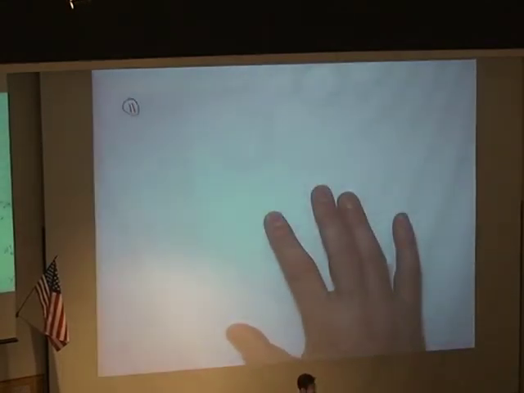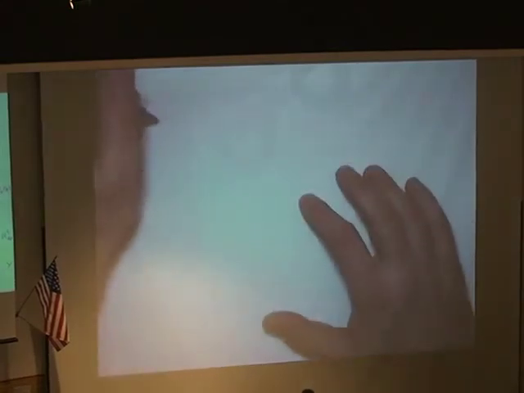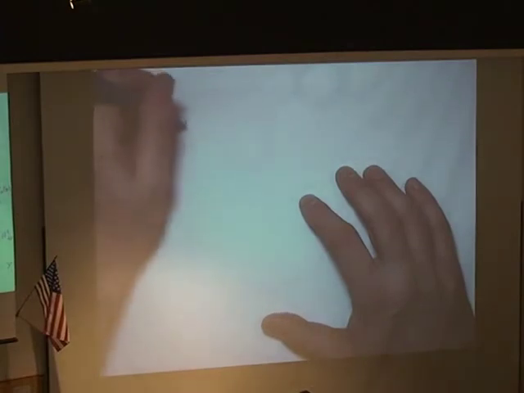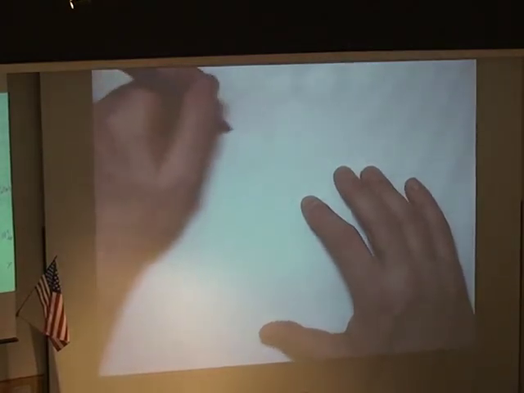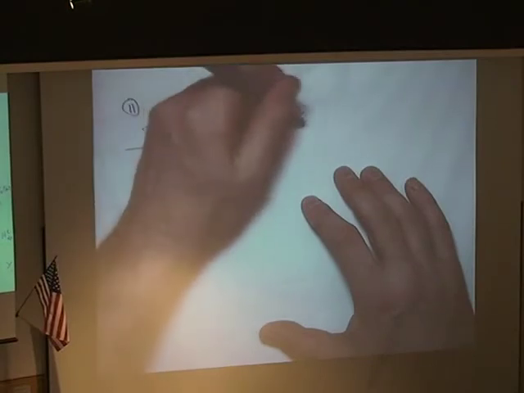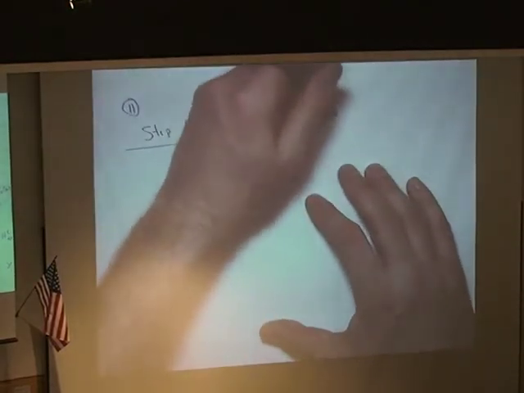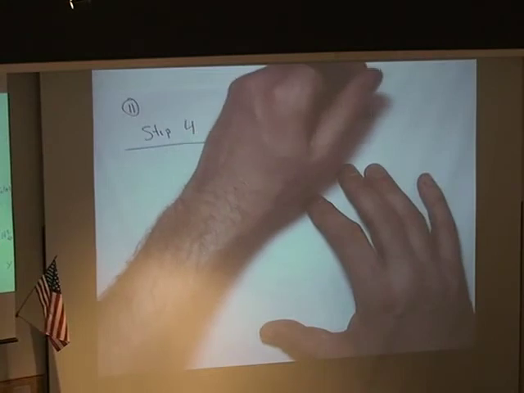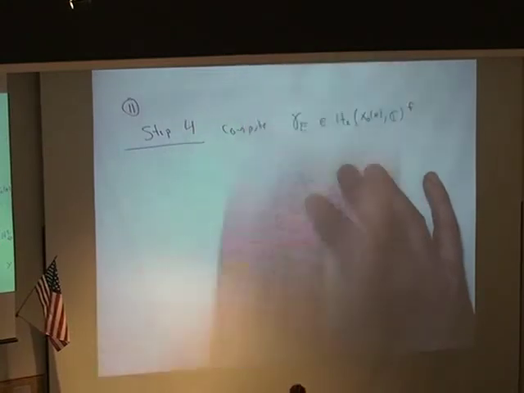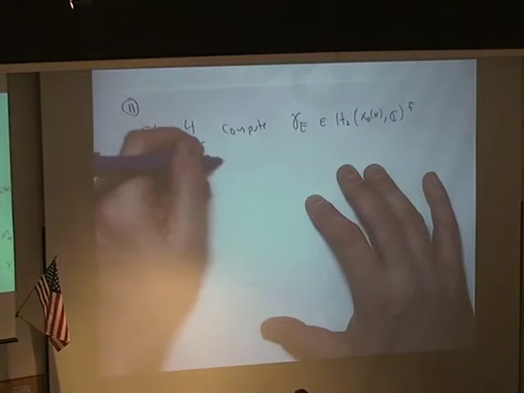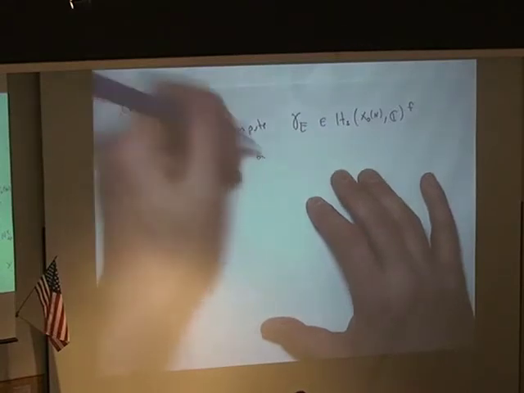And then finally, once we have that, we need to compute. So finally, step 4, the algorithm is to compute this path, this element gamma e in the f-isotypic component of H1 of X naught of n with C coefficients, which again is a modular symbol algorithm, which apparently has already been implemented by our group.